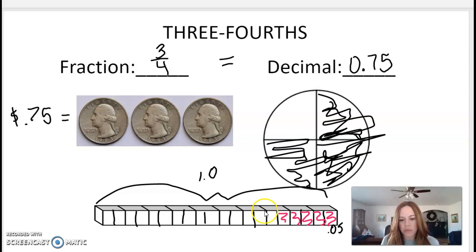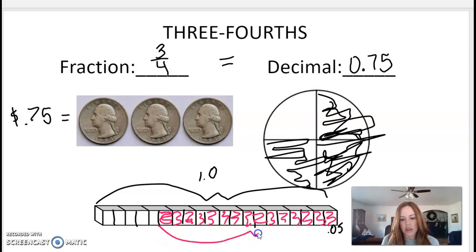So that's 1/4. 30, 35, 40, 45, 50. That's 1/2, right? 55, 60, 65, 70, 75.